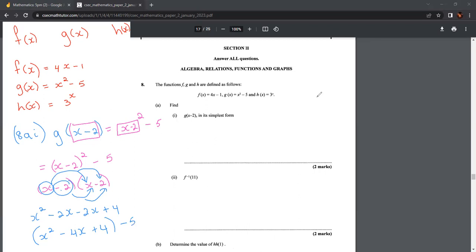Another way we could do this is anytime you're squaring, the shortcut is square the first term, x squared. Square the last term, plus 4, and then 2 times the first times the second.